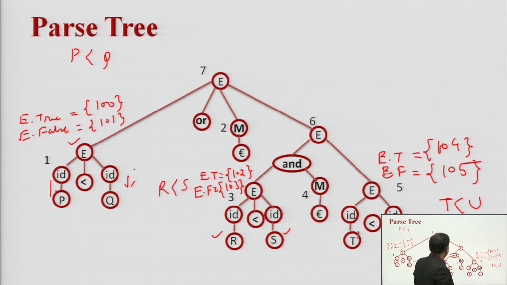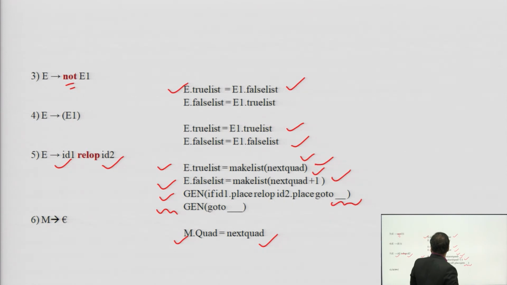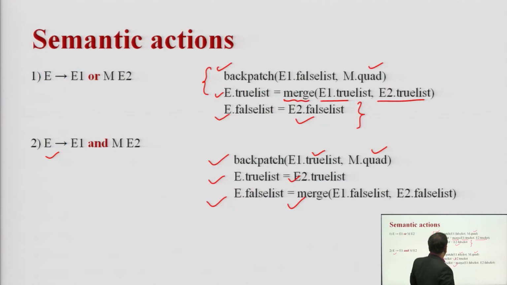Now we come to the semantic action for AND. AND requires backpatch, and AND operation requires E dot true list and E dot false list. Now we can easily fill these values with the help of the semantic actions.